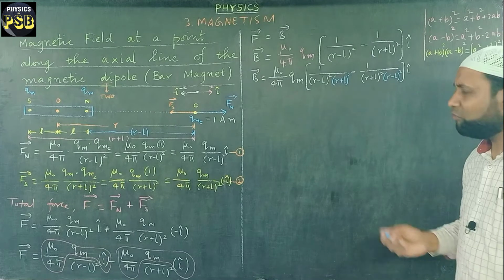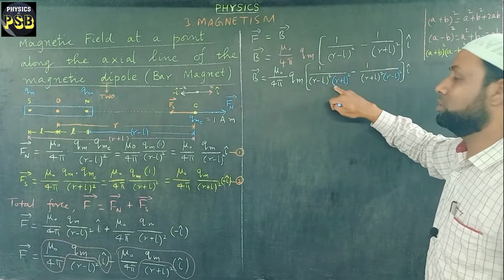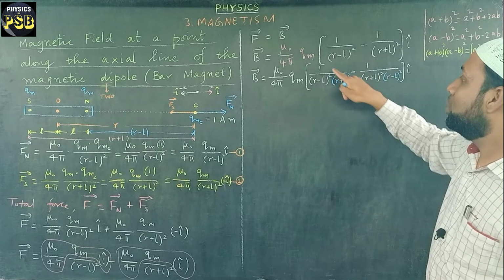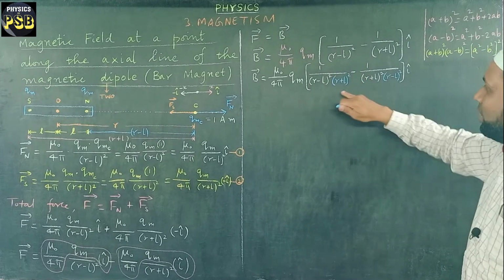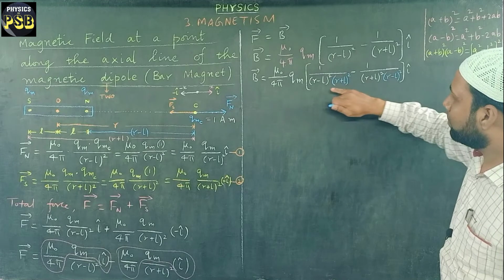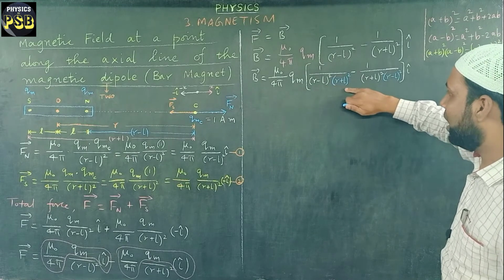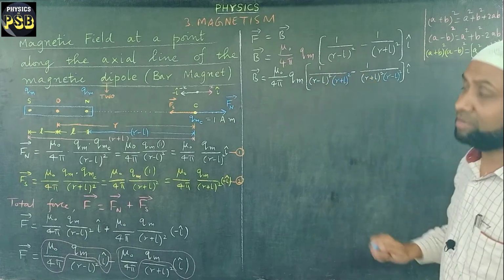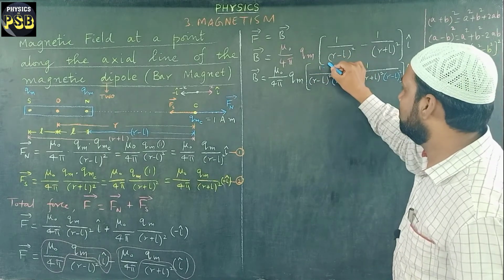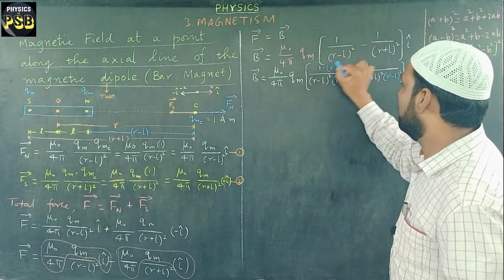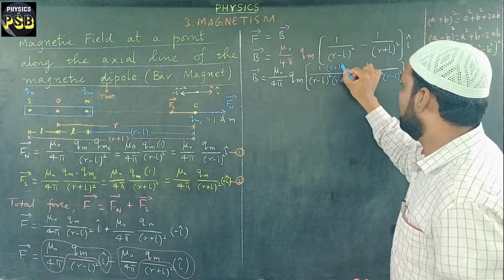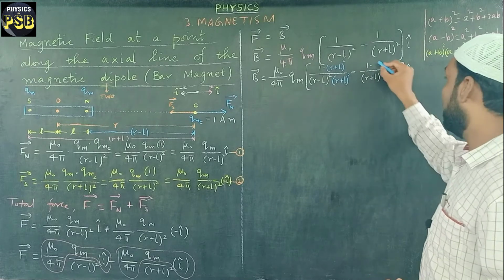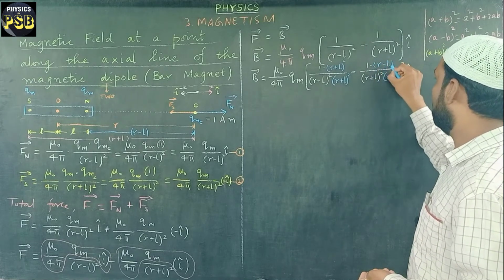Okay, we know when we make any change to the denominator, we need to make the same change to the numerator as well. So when I multiply the denominator with this part, I need to multiply the numerator with the same term. So this is multiplied with r plus l whole square. Similarly, 1 here, this side, is multiplied with r minus l whole square.